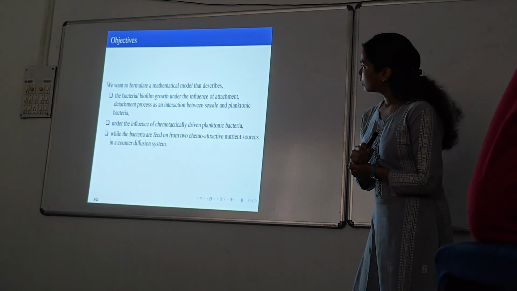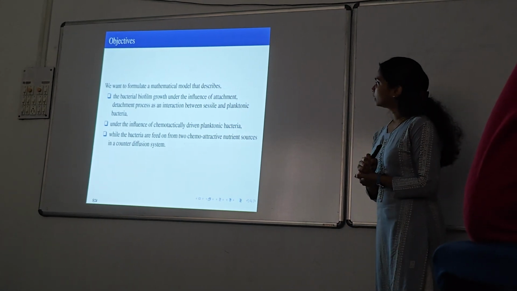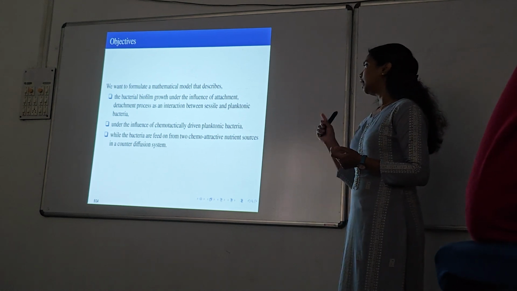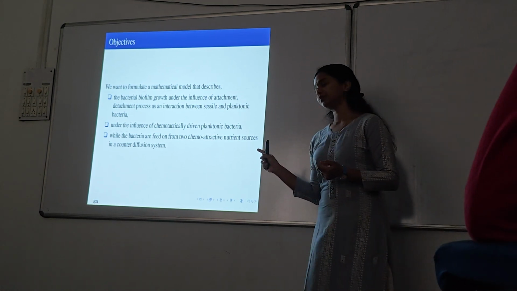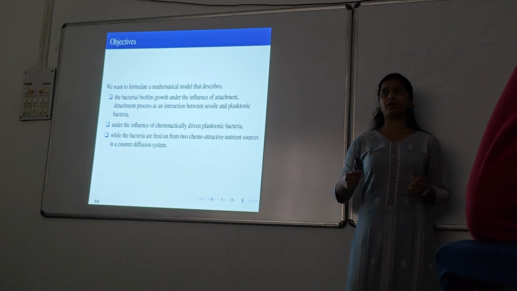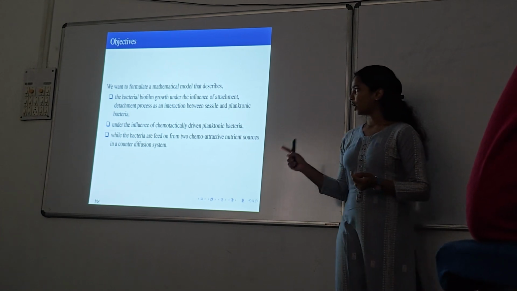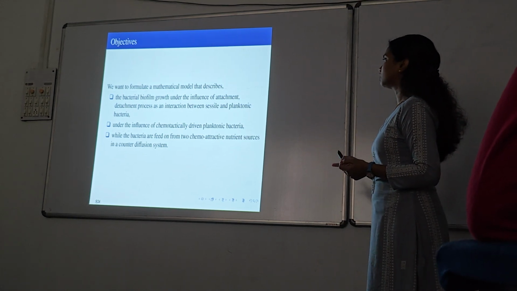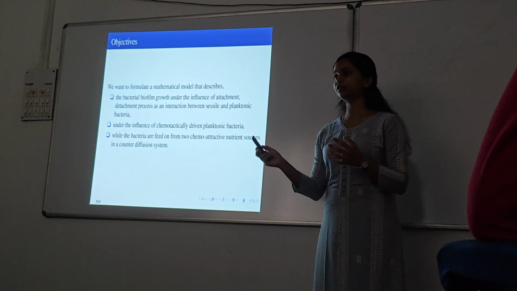And we also want to describe the model under the influence of chemotactically driven planktonic bacteria, which I already mentioned. And the third interesting part here is the food that bacteria are consuming. So I am considering that the bacteria are fed on two chemoattractive nutrient sources in a counter-diffusion system.